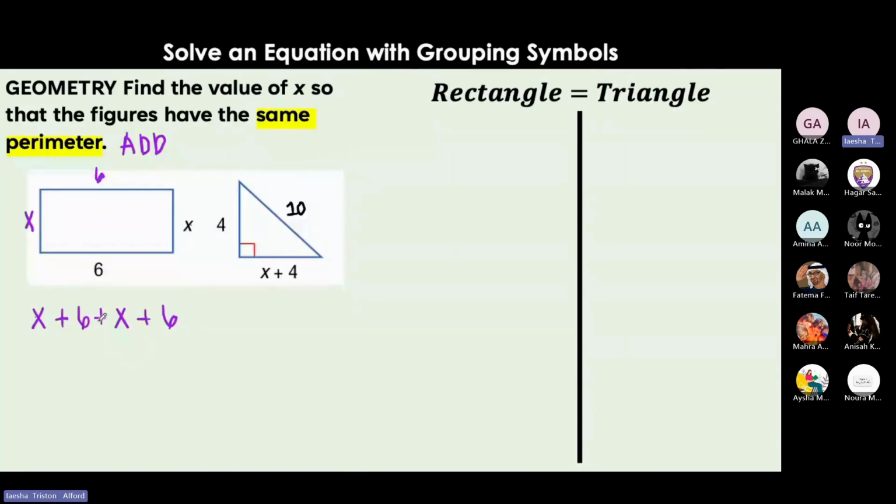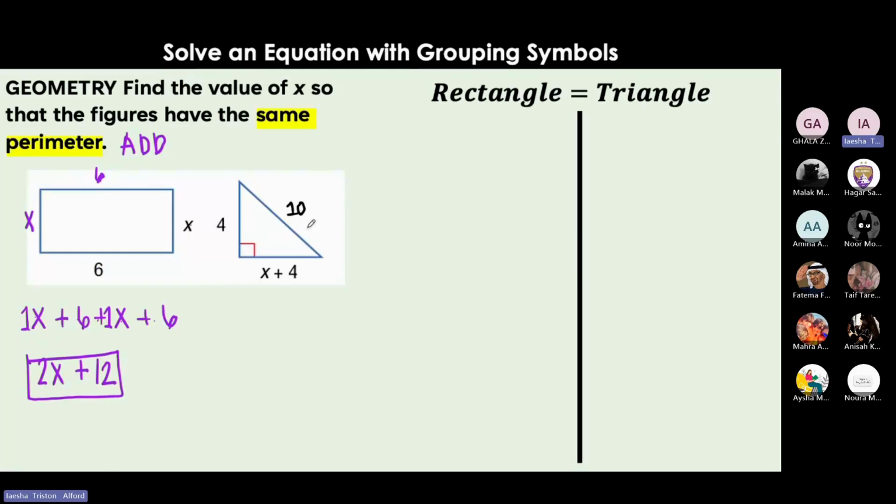So what is X plus X? X plus X equals positive 2X. Good. Then I have 6 plus 6, which equals positive 12. So we're going to use this one for the perimeter of the rectangle.